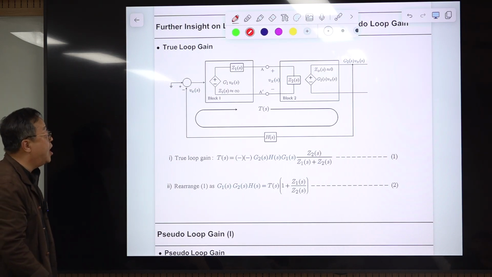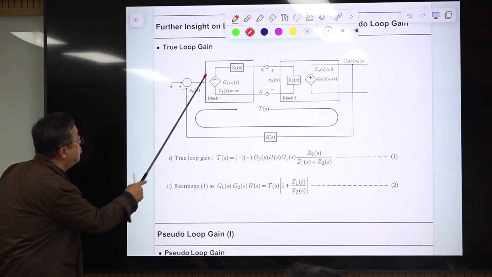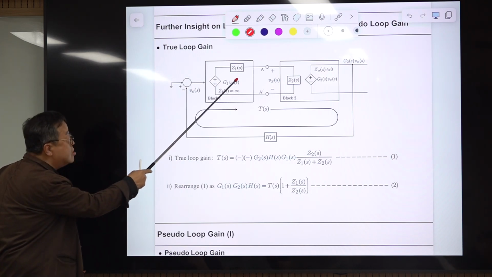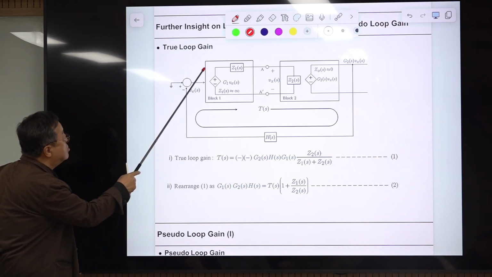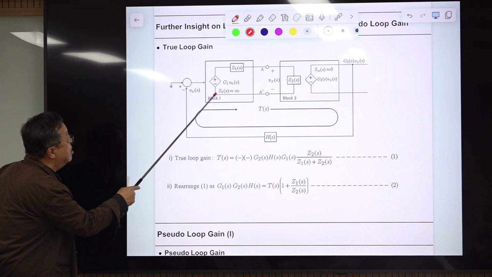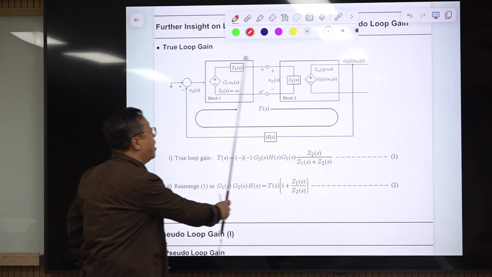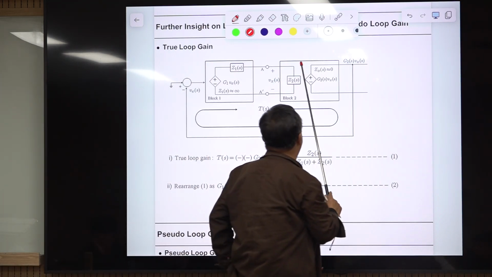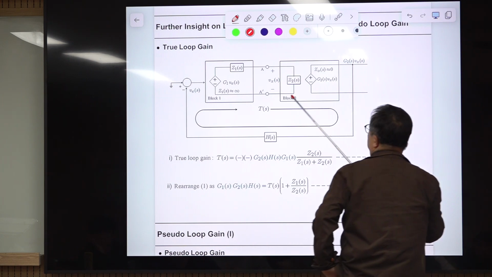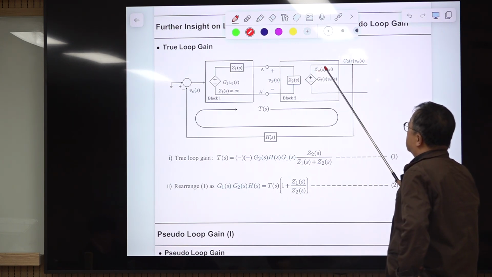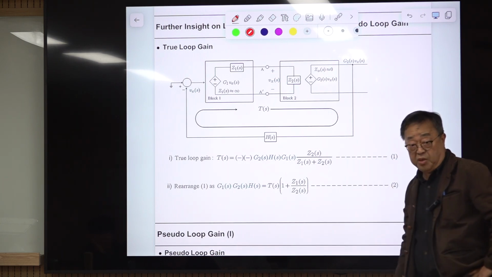This is the real loop gain, and this is the functional block, modeled as a voltage source. One assumption here is that the input impedance is very large. And this part, block 2, is also modeled as a voltage source, and the assumption here is that the output impedance of this is very small and can be ignored.